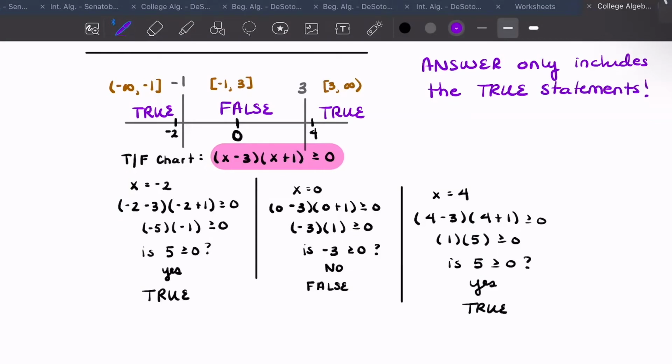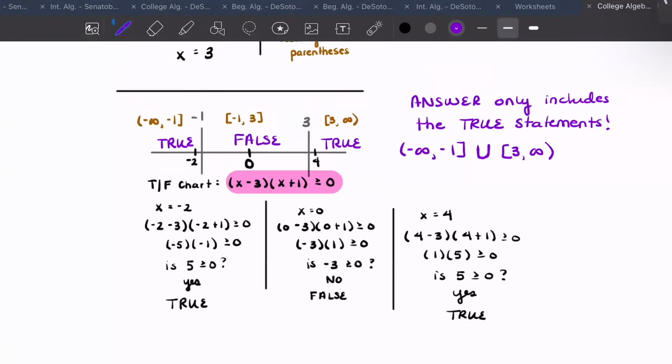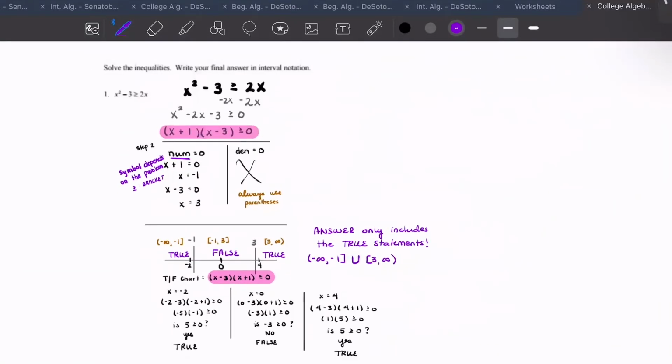Only includes the true statements. Okay. So this would be your intervals of -infinity to -1, and you're going to union that with your other true statement because you have 3 to positive infinity. Okay. So here's what I found.